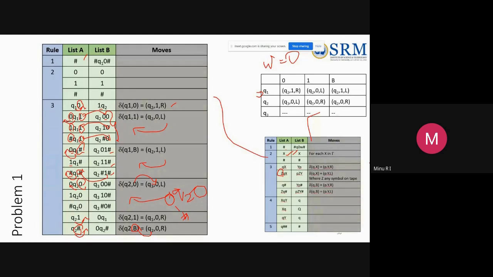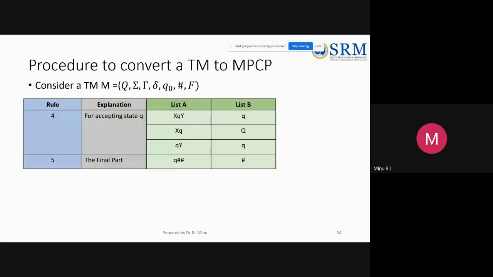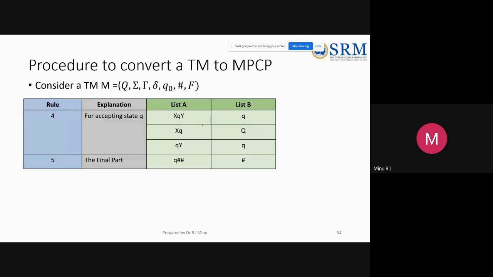So by seeing this set of rules, for this particular problem, this list A and list B was created. You have now rule 4. Rule 4 is very simple. In the problem itself they have given me that my final state is Q3. According to my rule 4, if Q3 was there in any combination, my list B will have only Q3.